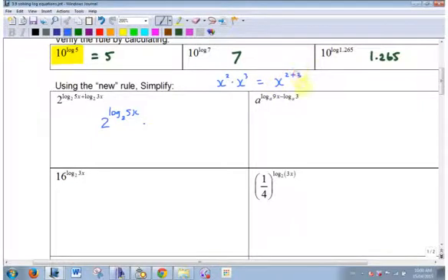So that's all I'm doing. I'm going from here and I'm backtracking. This is 2 to some exponent plus some exponent. So I want to split that up and go, that's 2 to the power of that times 2 to the power of that. Okay? So that's not a log rule, that's an exponent rule. That's what this says.